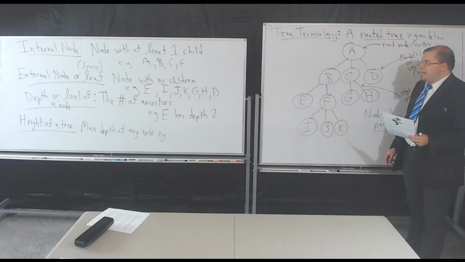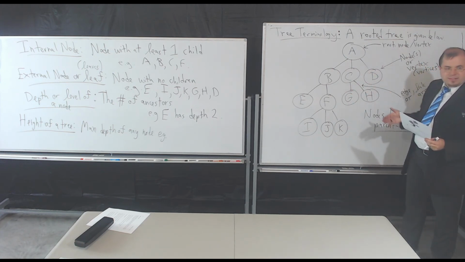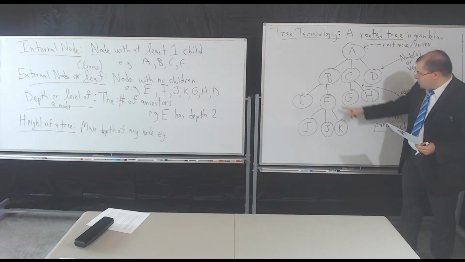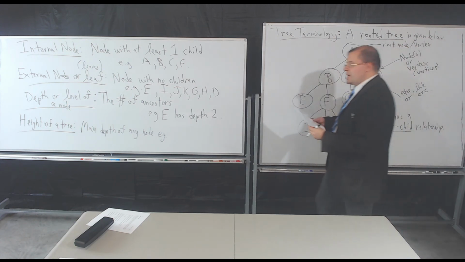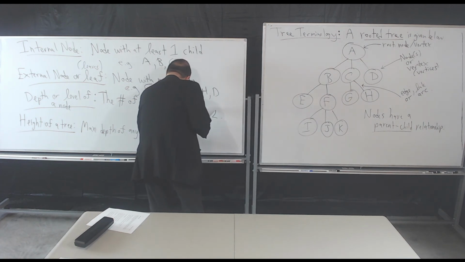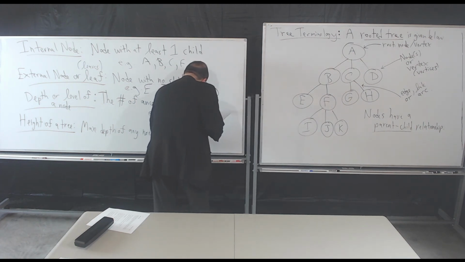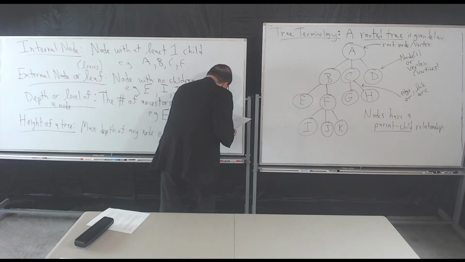Well, it's the maximum depth. So what's the maximum number of ancestors somebody can have? Well, it's 1, 2, 3. Any one of these would have been sufficient to compute the maximum depth. So the tree has height 3.